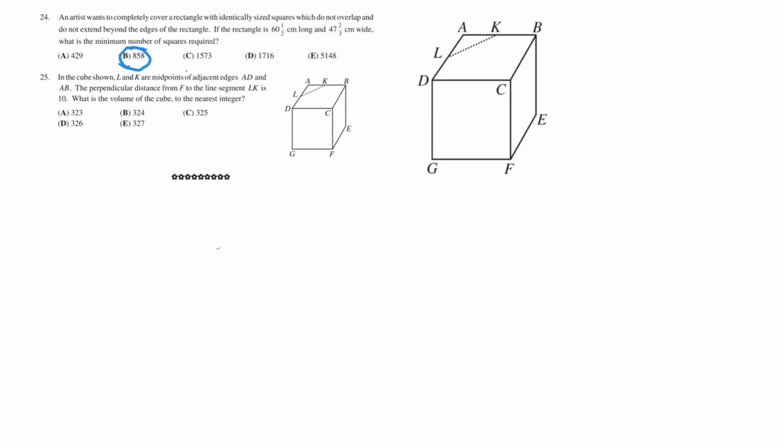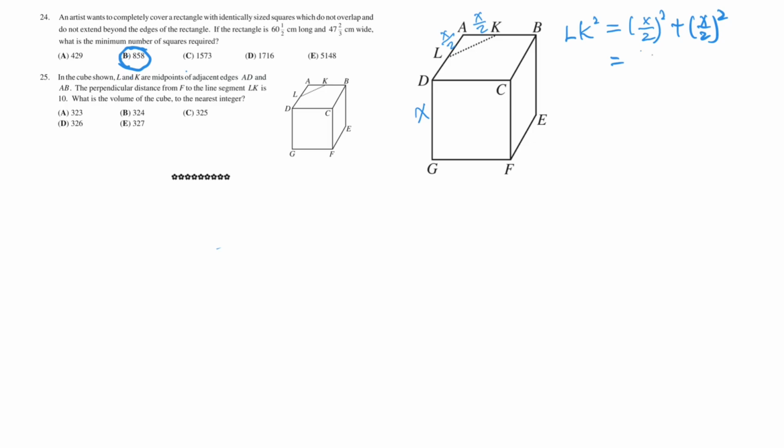To calculate volume, we need to know the side length. So that's x. K and L are midpoints, so AK is x over 2 and AL is x over 2. So LK, by the Pythagorean theorem: LK square equals (x over 2) square plus (x over 2) square.